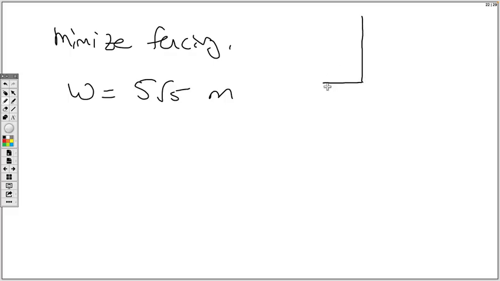So once again, let's draw a picture for the rancher. So that's 5 root 5 meters. Now I got to figure out this. That's our length. And what was our formula that related the length to the width? Yeah, it's 100 over that.